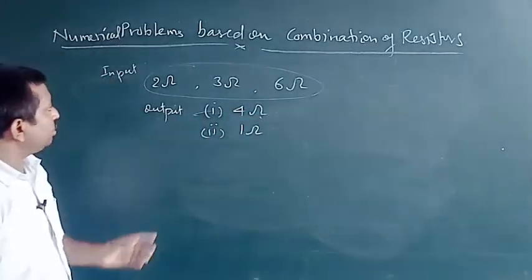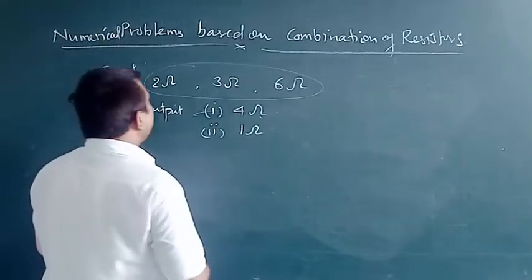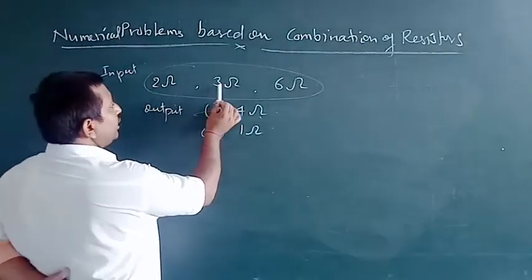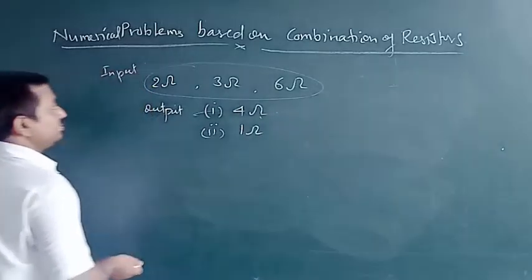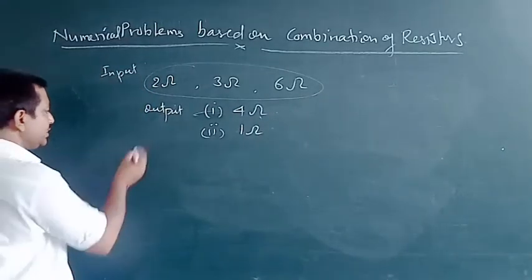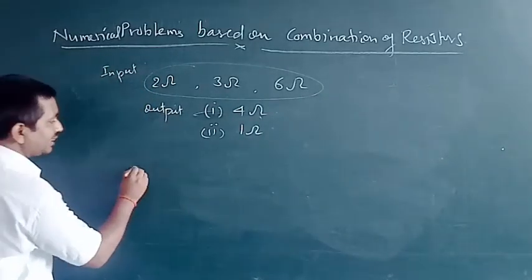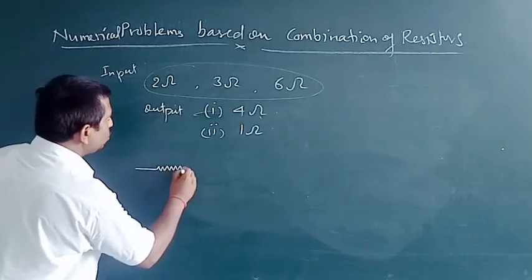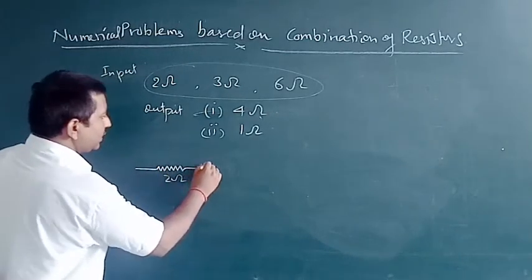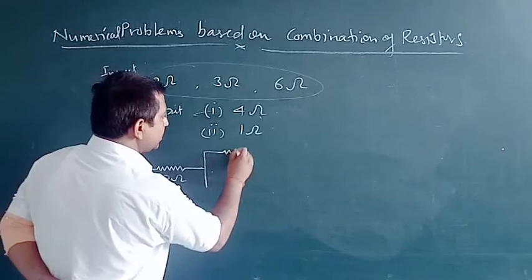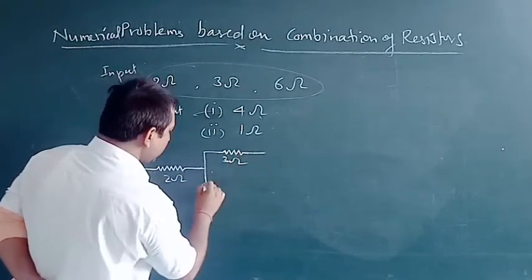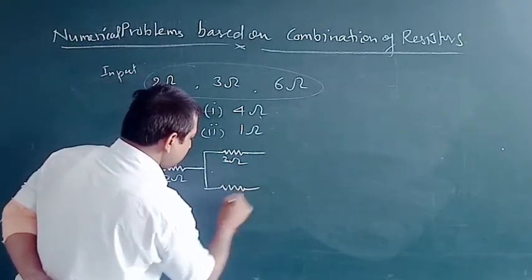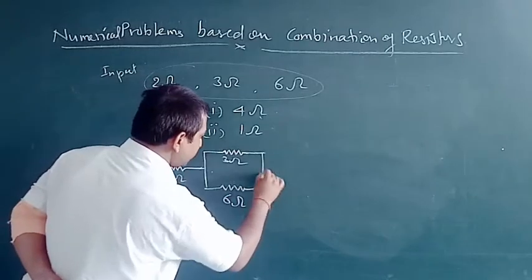As we know, if we combine the 3 ohm and 6 ohm in parallel, then what will be the equivalent resistance? Suppose we make a circuit like this: here is a 2 ohm resistor, here is a 3 ohm resistor and here is a 6 ohm resistor.